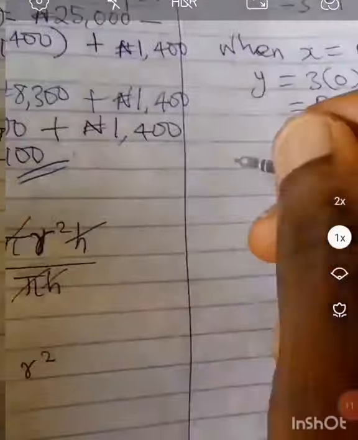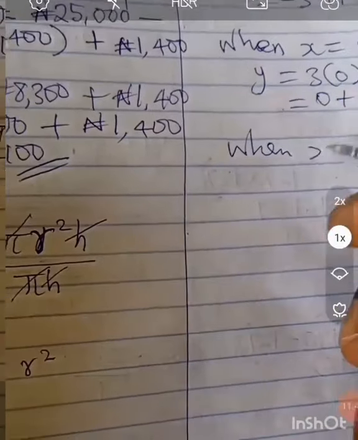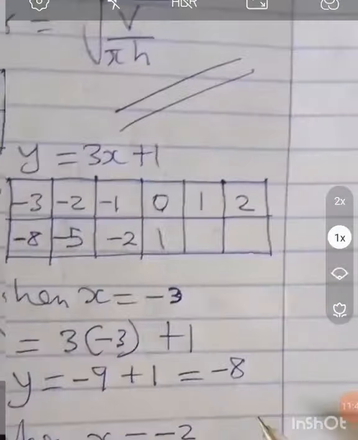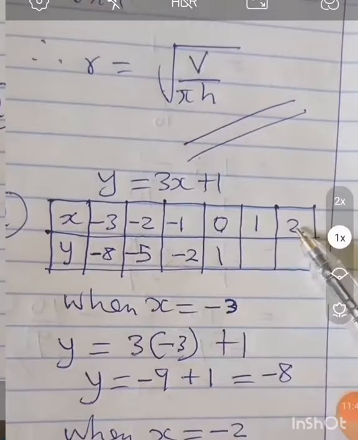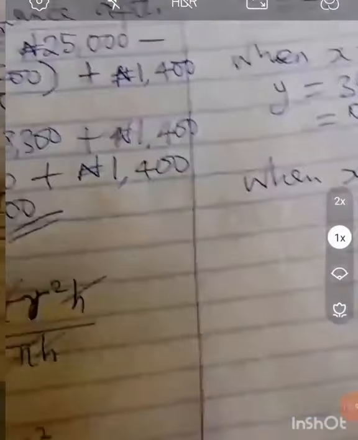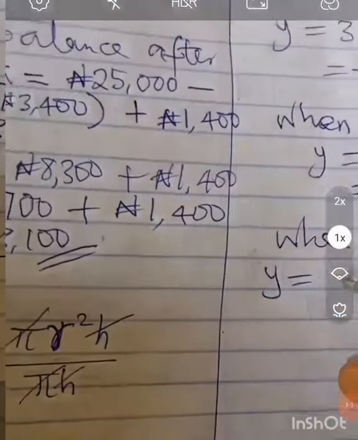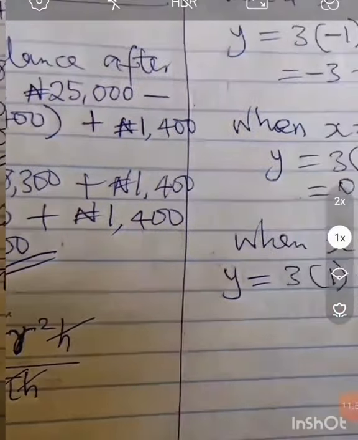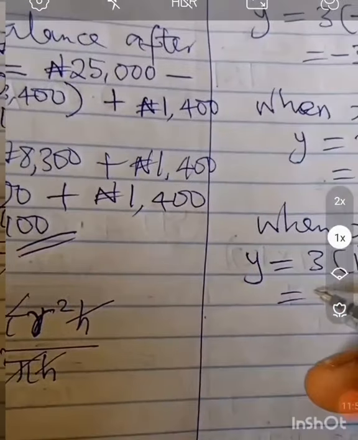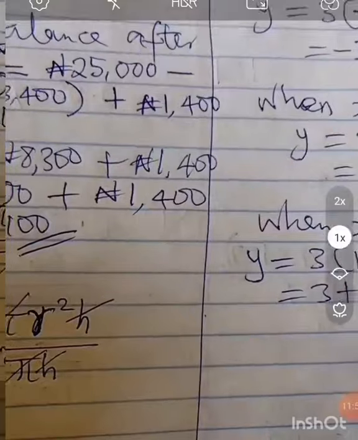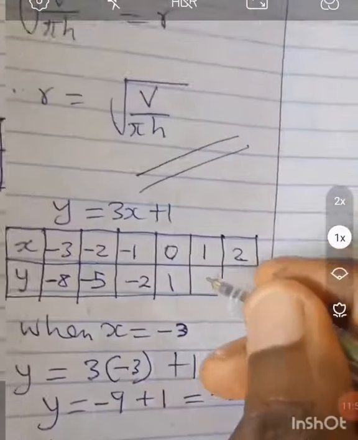The next number, when x is equal to 1, we'll solve that. When x equals 2, also solve that. So when x equals 1, y will be equal to 3 times 1 plus 1. So that will become 3 plus 1, which is equal to 4. Now you come here and attach 4.